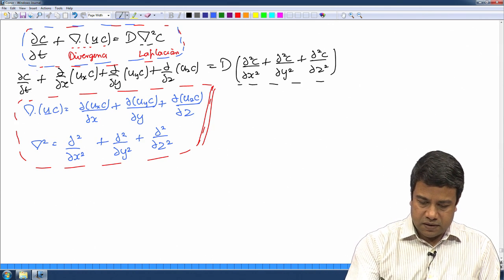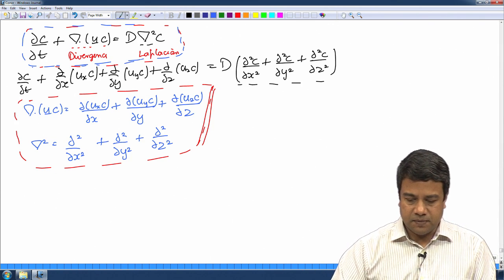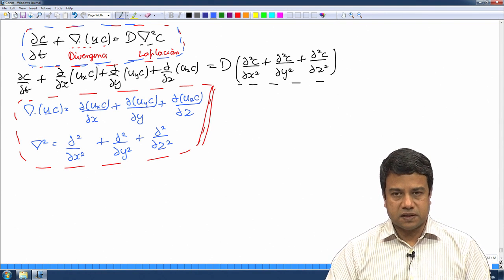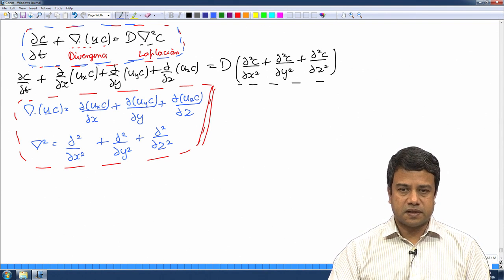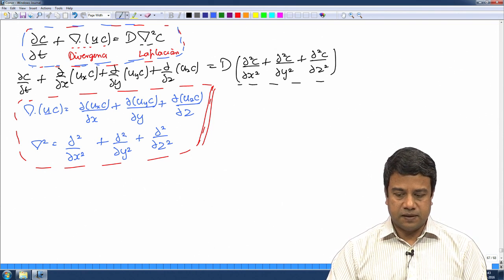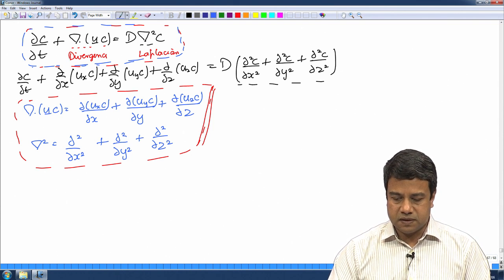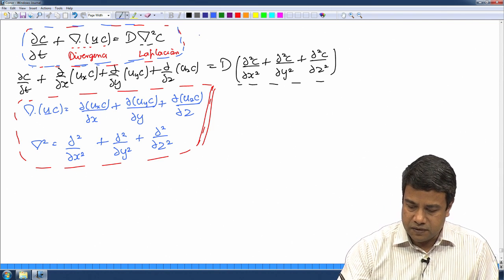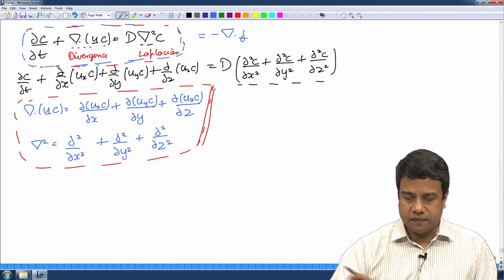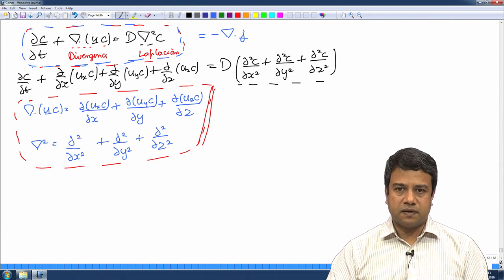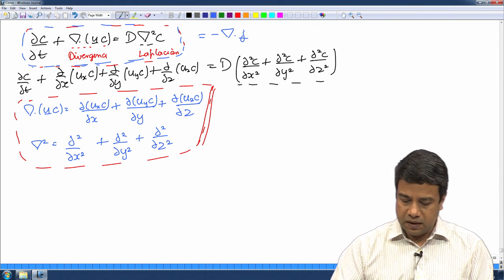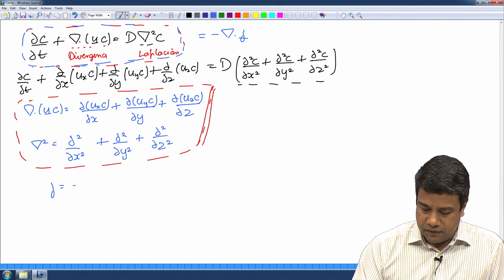The conservation equation just contains the time derivative, the divergence of the velocity times concentration, that is the convective part, and the diffusive part which contains the Laplacian of the concentration field. The diffusive part is basically minus the divergence of the vector flux, and that vector flux can be written in terms of the diffusion coefficient using Fick's law for diffusion.